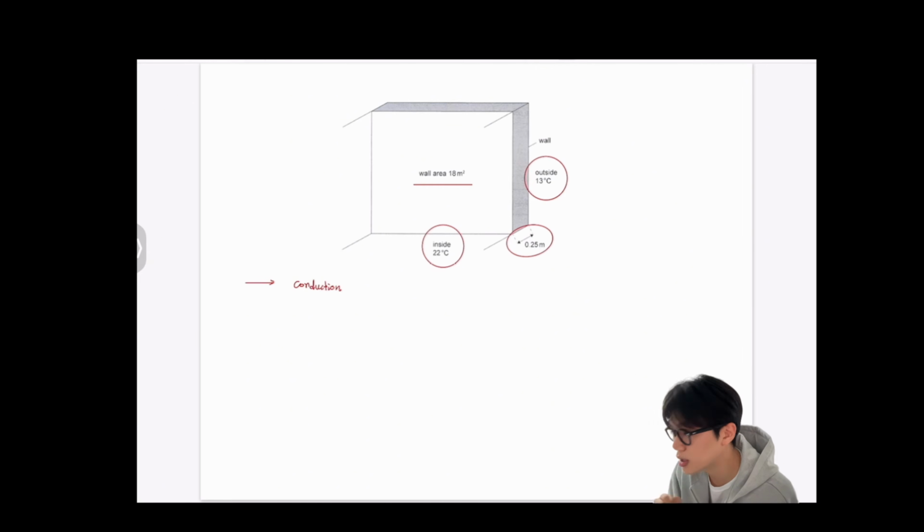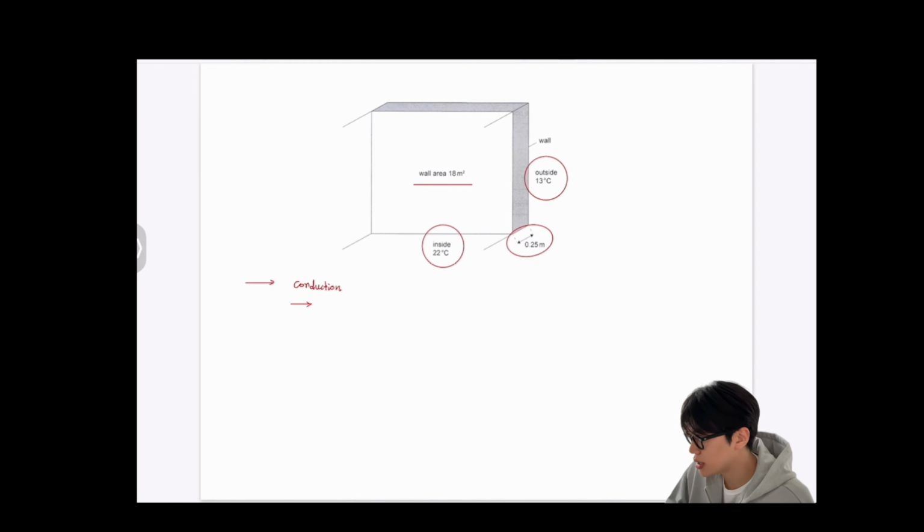I'm not going to write all the details here, but just the keywords. In thermal conduction, it mainly happens in solids. In the solid state, the molecules are close to each other.